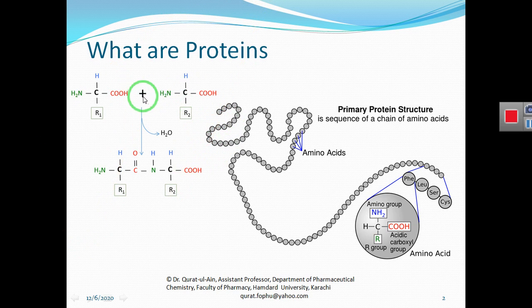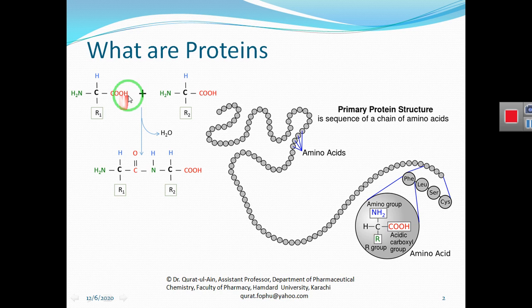The amino acids join with each other. We can see in this reaction that we have two amino acids, one having R1 and one having R2. So these are two different amino acids, going to join via a peptide bond. This is how the bond is formed.